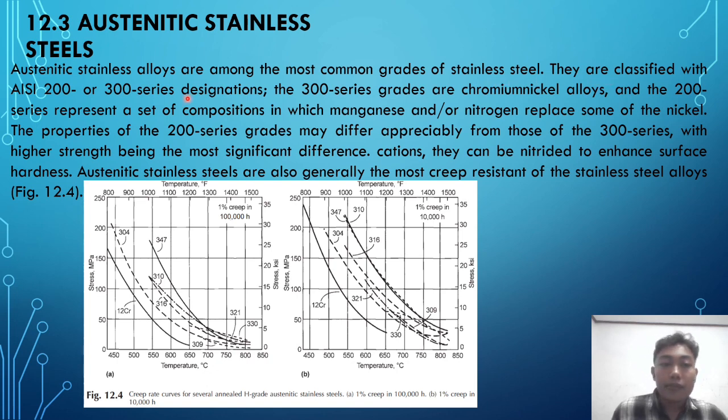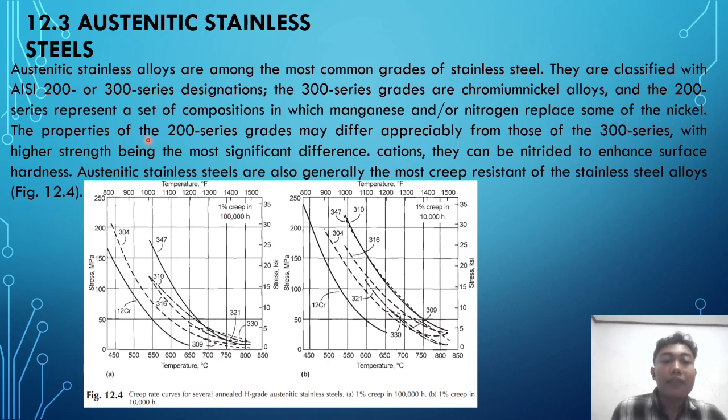They are classified with the AISI 200 or 300 series designations. The 300 series grades are chromium-nickel alloys, and the 200 series represents a set of compositions in which manganese and/or nitrogen replace some of the nickel.